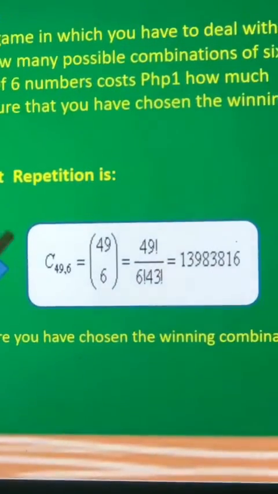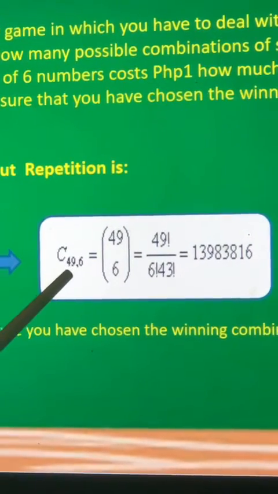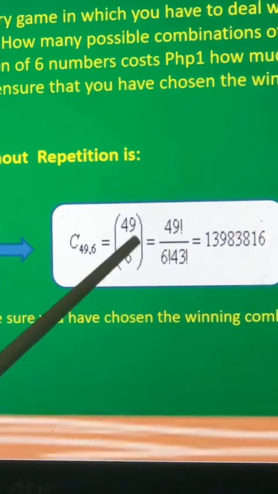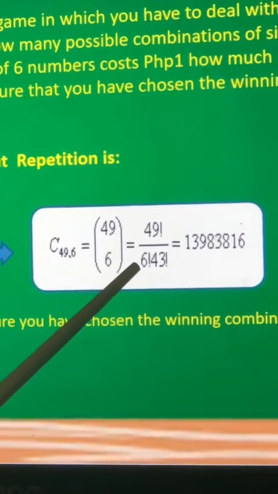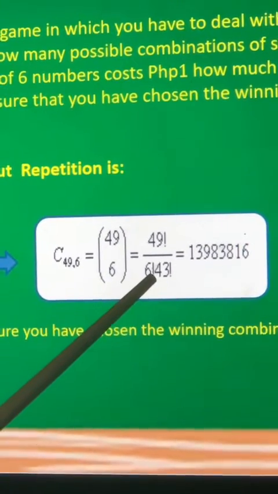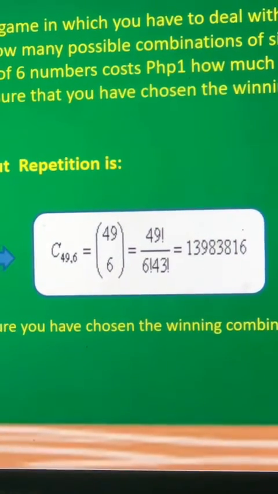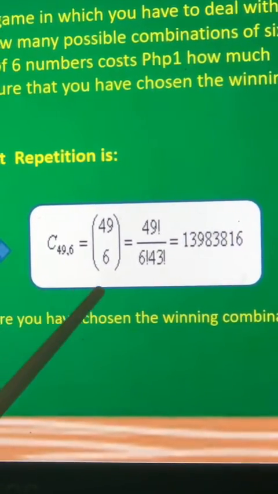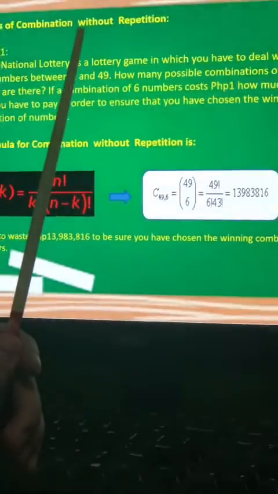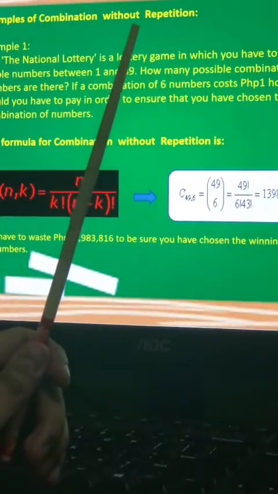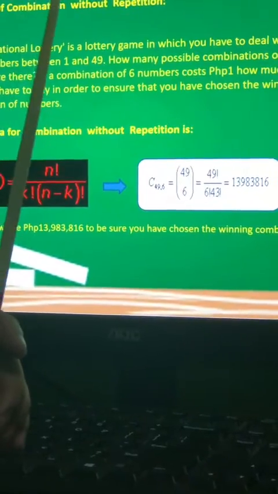To solve, C sub 49, 6 equals 49! over 6! 43!, which is equal to 13,983,816. So you have to spend 13,983,816 pesos to be sure you have chosen the winning combination of numbers.